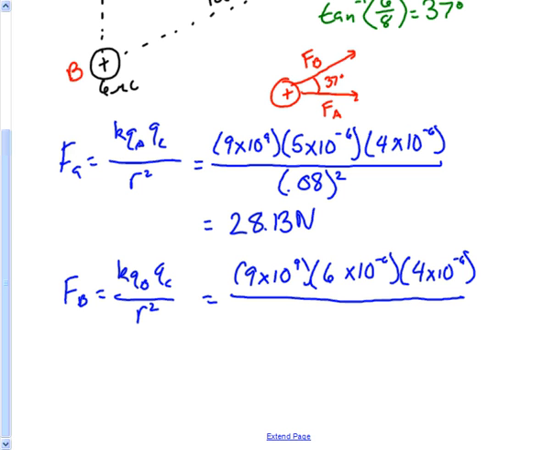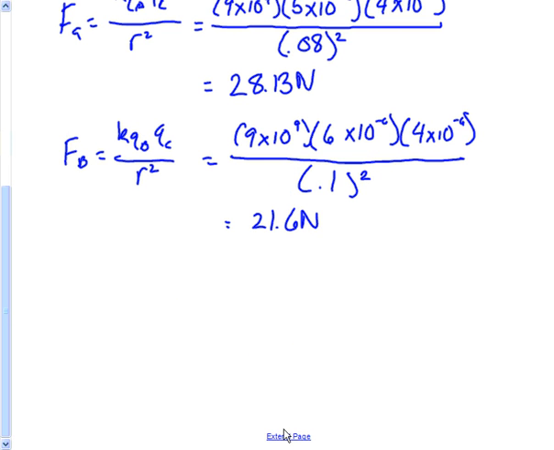Sorry about that. And then the distance between them, because it's 10 centimeters, is 0.1 squared. When you put all that together, you end up getting 21.6 newtons. Notice how they're very similar to each other. B is a little bit further away, but it also has more charge to exert force with.